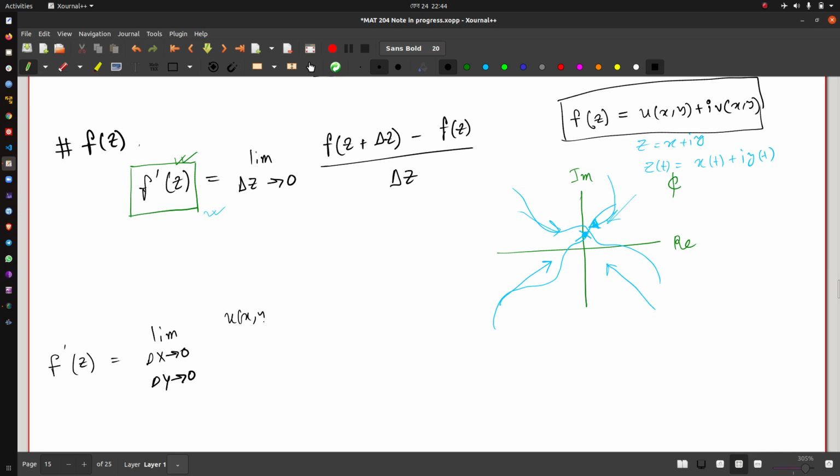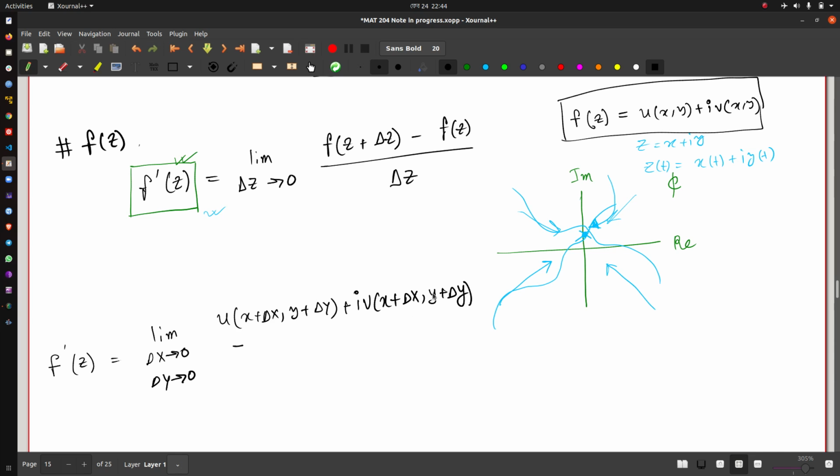u of x, y, sorry, not just x, y. Let me just write it down. Minus, okay, I think I should probably write it in the second line instead of just writing through this drawing.